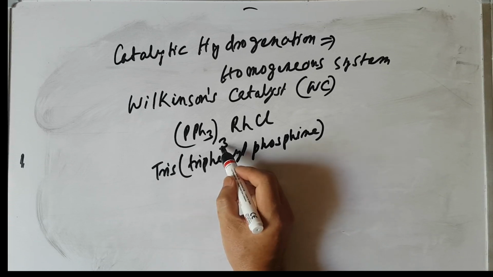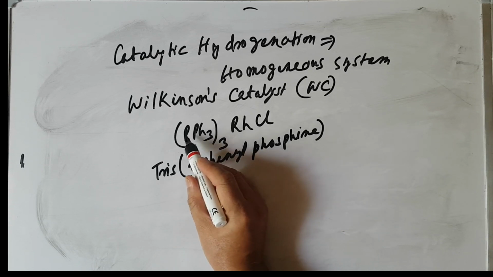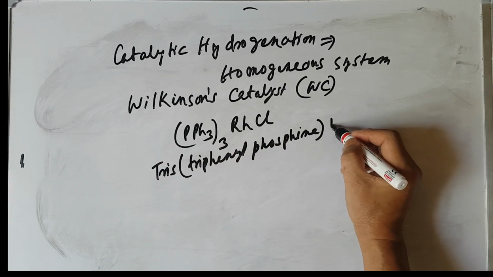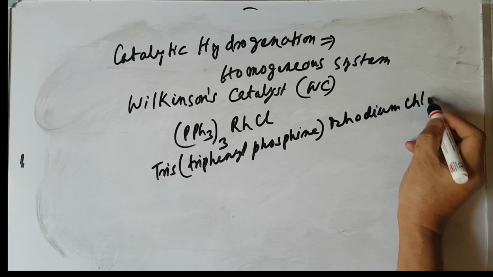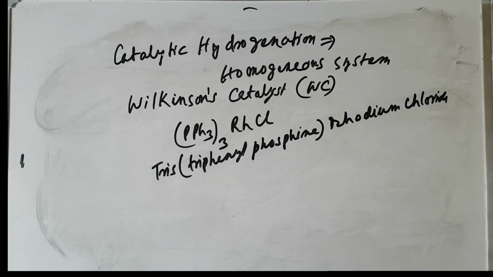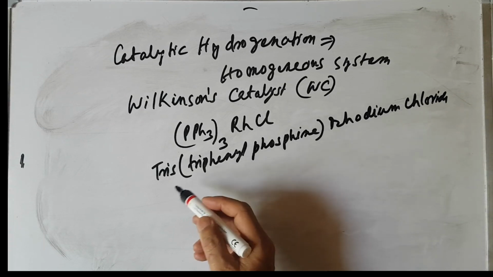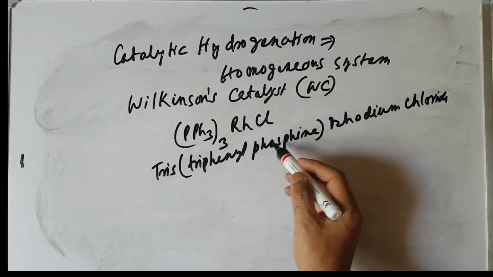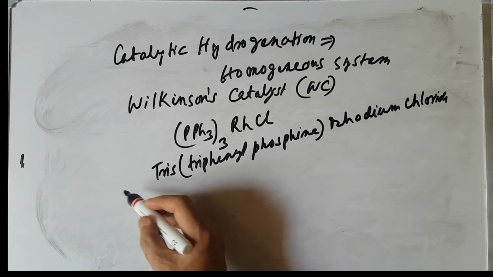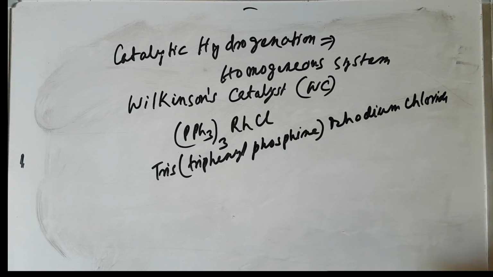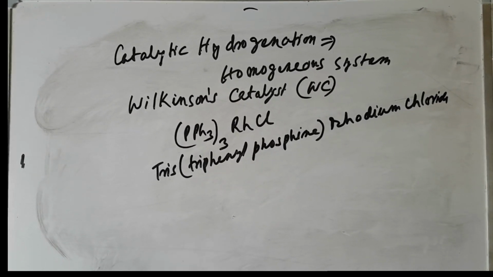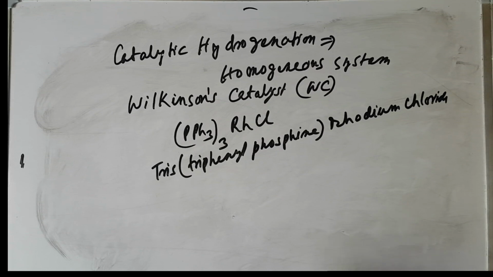You can also write it as chlorotris(triphenylphosphine)rhodium. Commonly it is known like this. This is the Wilkinson catalyst, which is widely used for the reduction of double bond compounds, olefinic compounds.